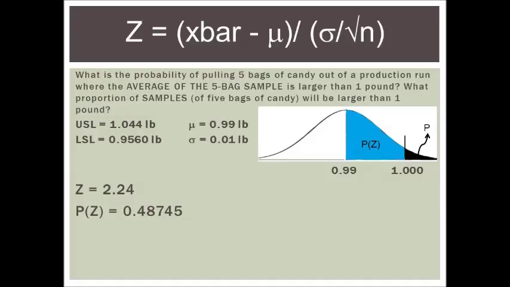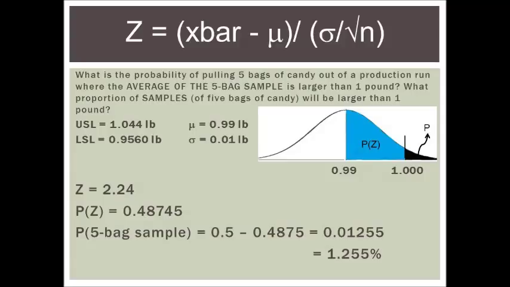But that's not what we're looking for as the answer for this question. We're looking for the little black shaded region up in the tail of this distribution. So how would we find the probability P, that small tail at the end of our normal curve in this picture? Well, the entire half of the curve from the mean, which is 0.99, all the way to the right is half of the curve, 0.5.